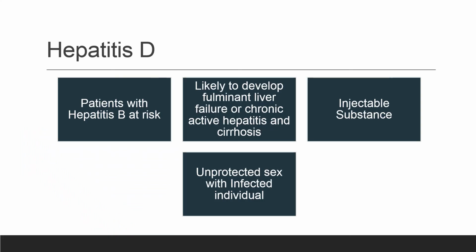Hepatitis D. Only patients with hepatitis B are at risk. So if a patient does not have hepatitis B, they cannot develop hepatitis D. Hepatitis D is likely to develop into fulminant liver failure or chronic active hepatitis and cirrhosis.